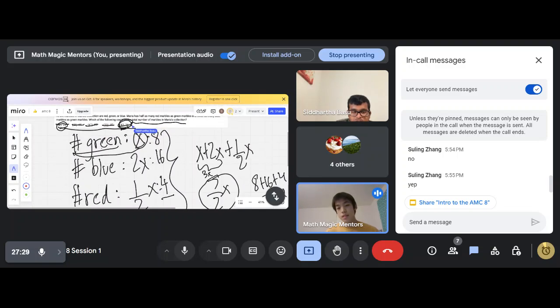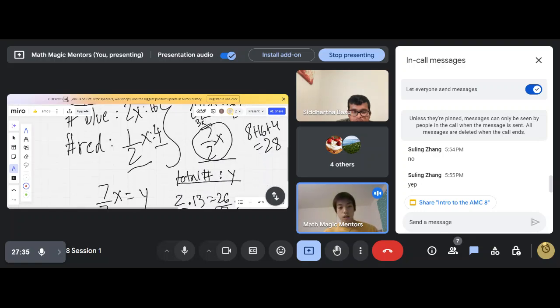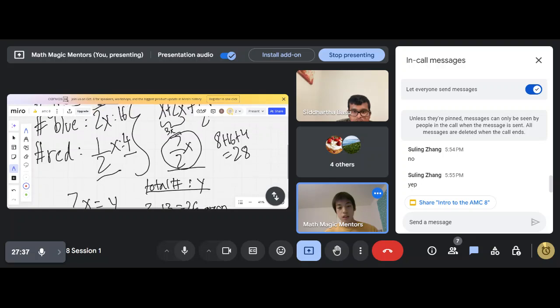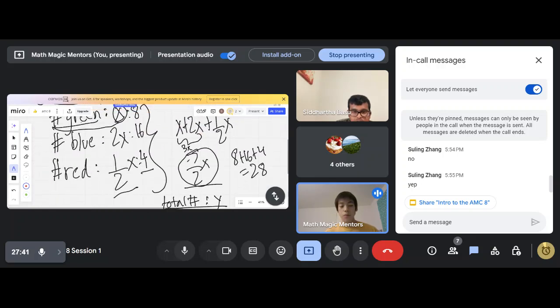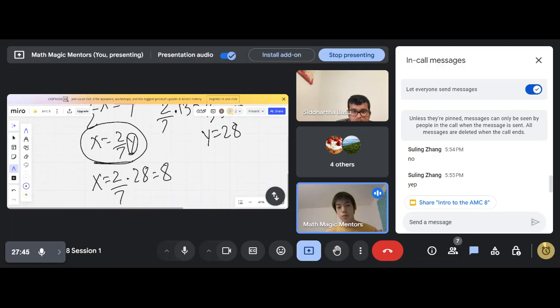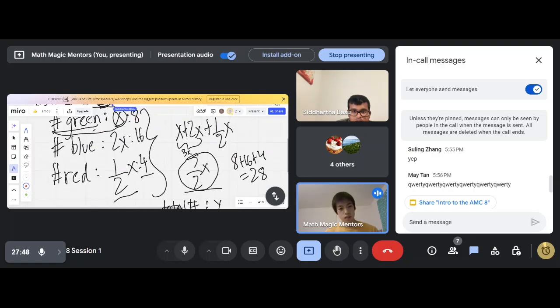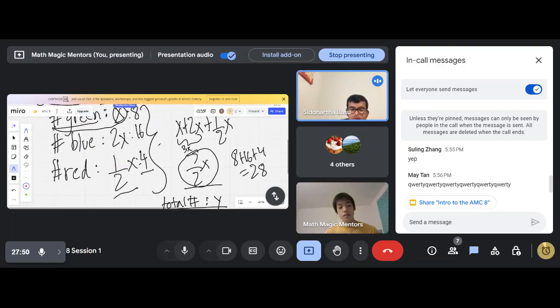In the second problem, we expressed an unknown quantity in terms of a variable, and as Sid and you guys found, the total number of marbles is 7/2 times the number of green marbles.